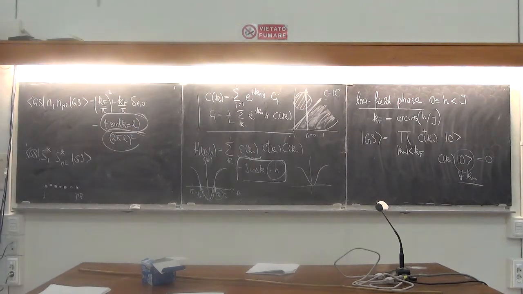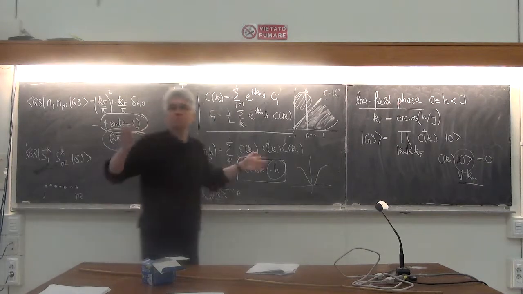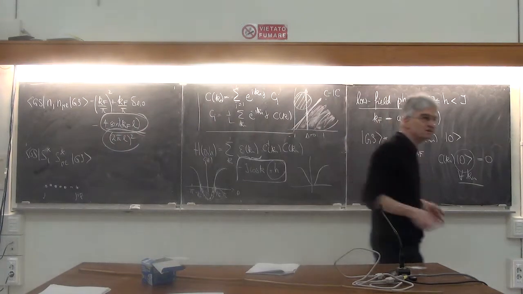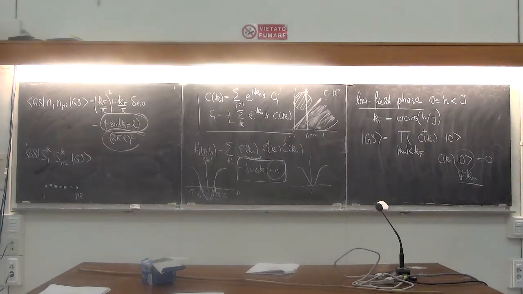But now let's come to the determinant. Of course, what you can always do, because it's a free theory, is use Wick's theorem to express this as a very complicated sum of terms, all the contractions, and so on.